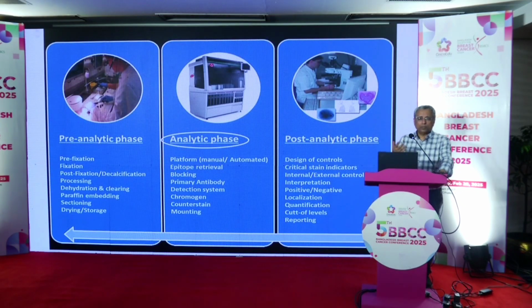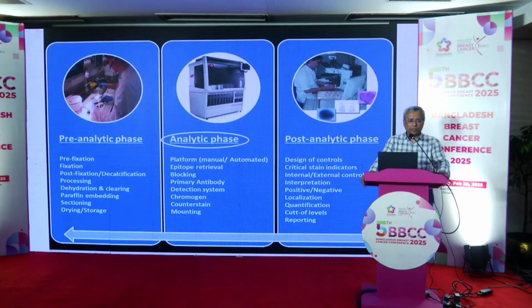So if you look at the whole process of immunohistochemistry, and not only in immunohistochemistry, but also in the histopathology lab in general, there are 3 steps. First is the pre-analytic step, then the analytic step, and then the post-analytic step. Specifically for immunohistochemistry, the pre-analytic phase has many steps, as you can see.